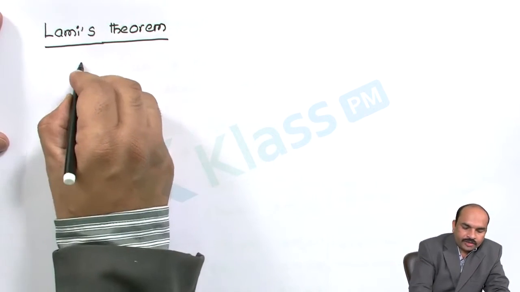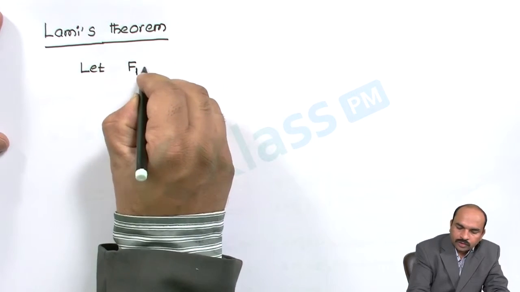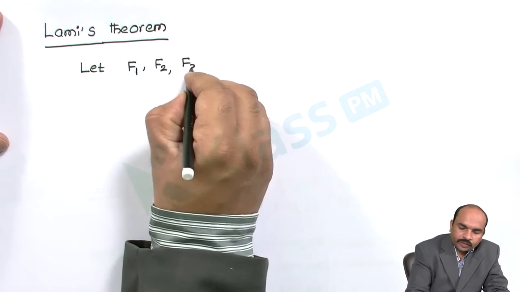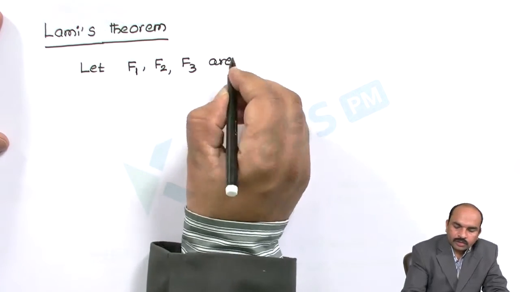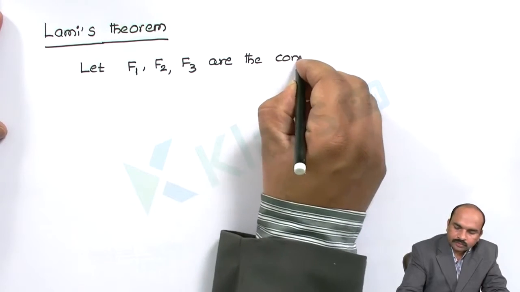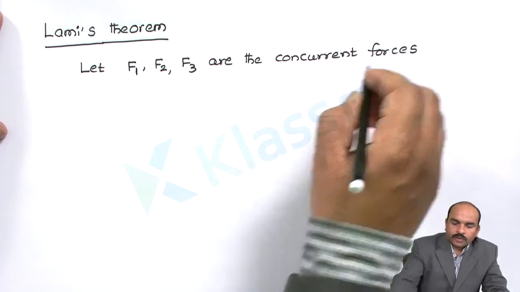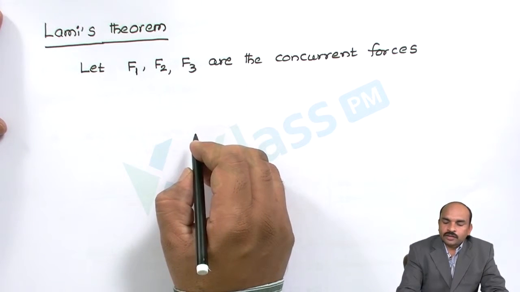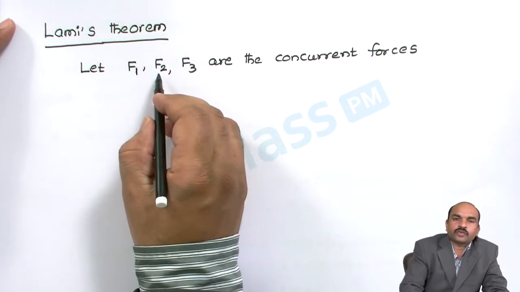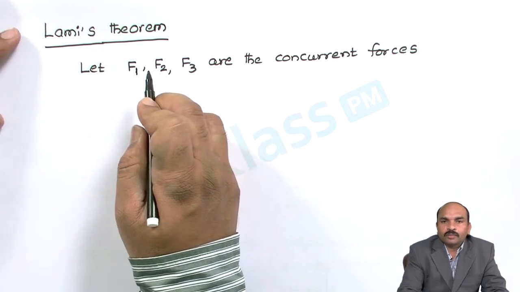Let F1, F2, F3 be concurrent forces, and the angles between F1 and F2, F2 and F3, F1 and F3 be alpha, beta, gamma.